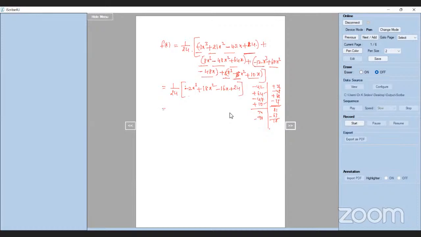Now, simplify this one. You can take common from all the terms. So you can get 1 by 12 minus 1 by 12 x cube plus 3 by 4 x square, 18 by 24.